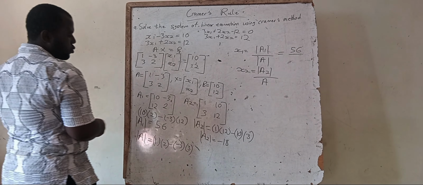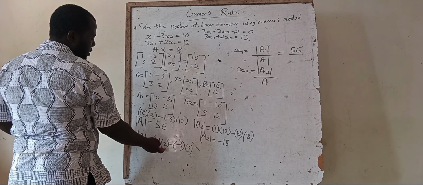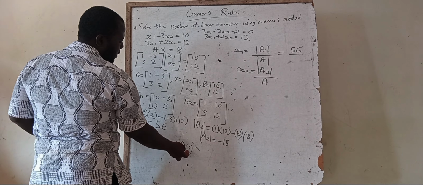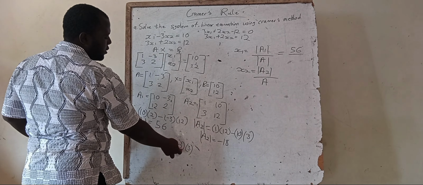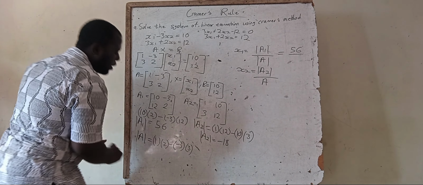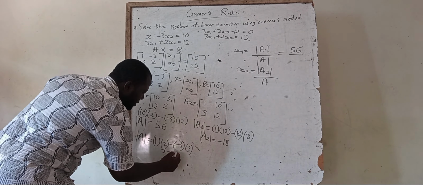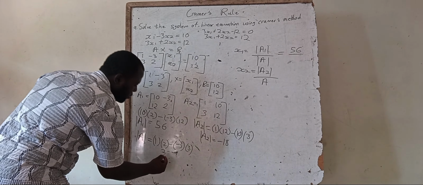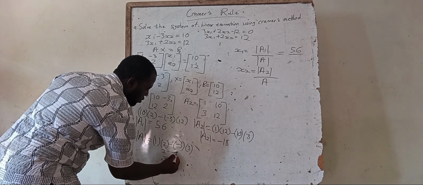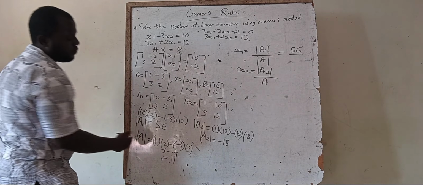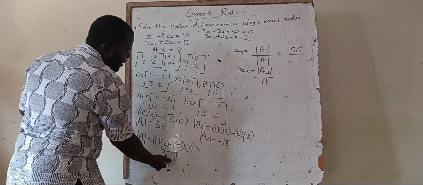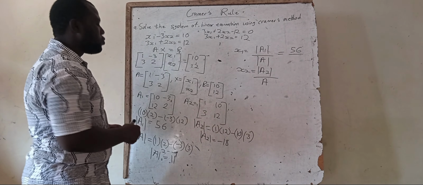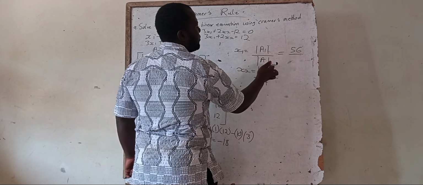So 1 times 2 is 2, minus -3 times 3, which is -9. So it becomes 2 minus -9, which becomes 11, because negative and negative become positive. Hence the determinant of A is 11. So we put 11 over here.